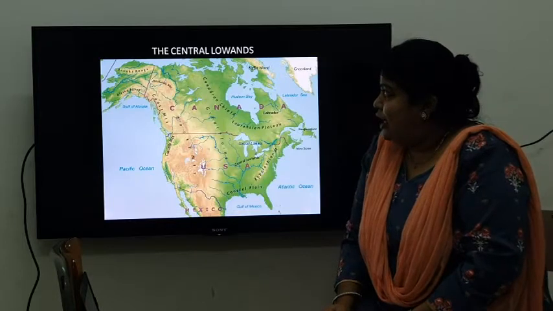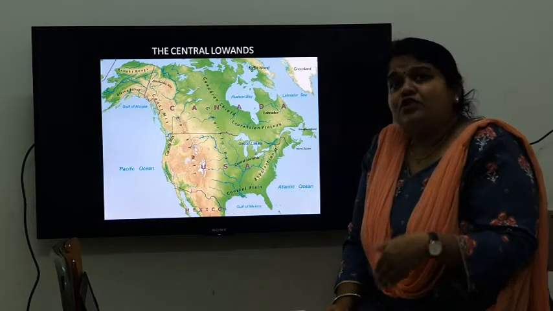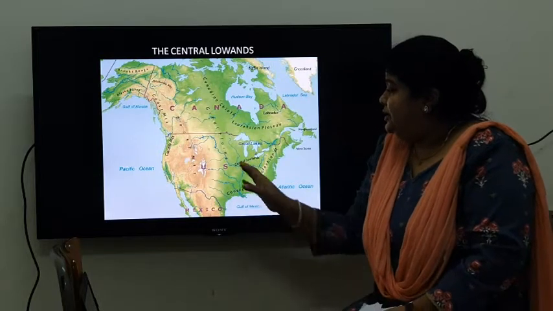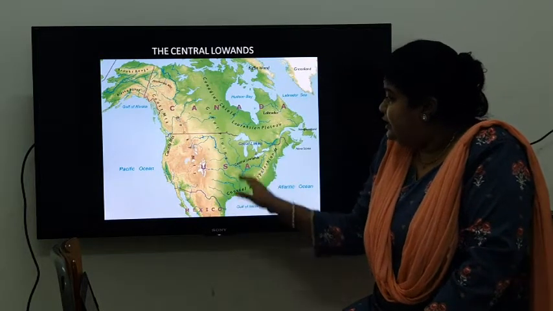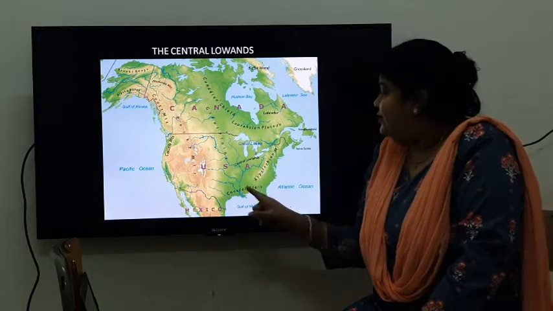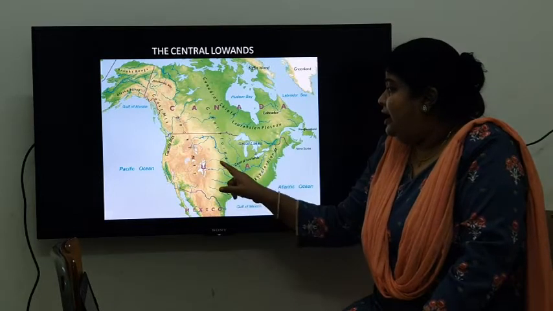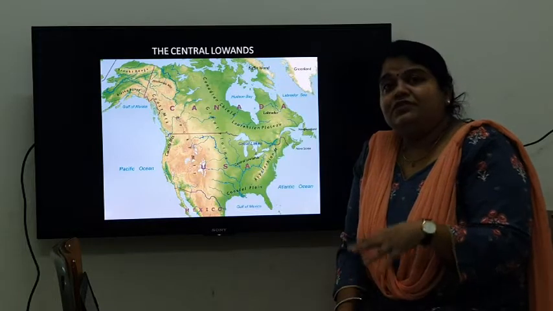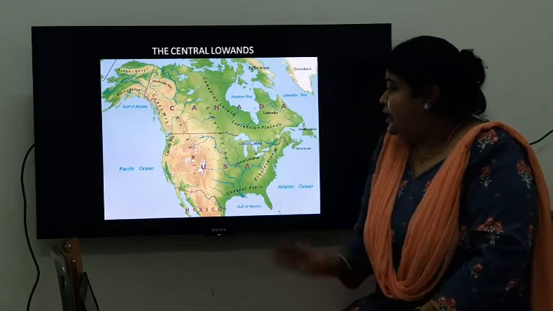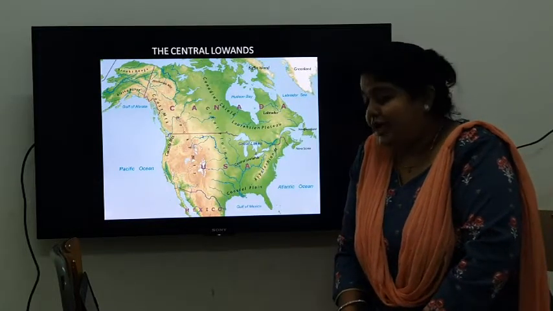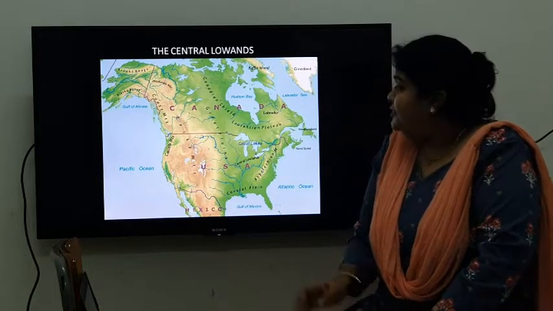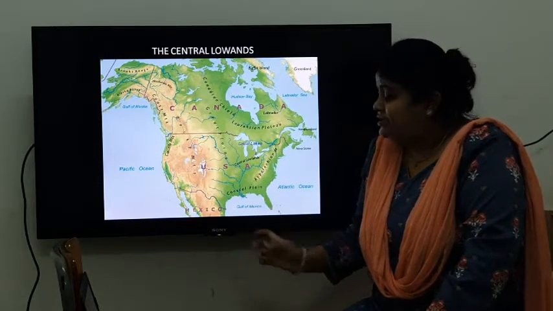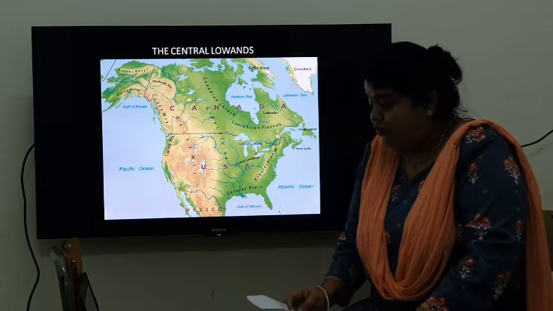Now this Central Lowlands is again the result of glacial and river erosion. This particular plain region in the southern part is drained by two important rivers, that is River Mississippi and River Missouri, because of which this region is a fertile plain. This fertile plain is helpful in agricultural activity, and the primary activity in this region is the cultivation of crops.